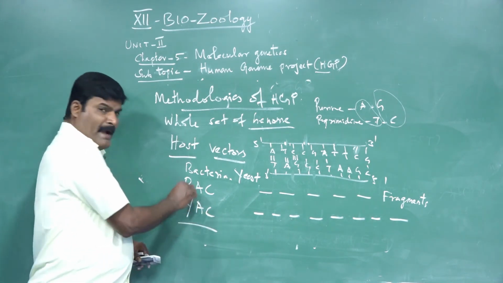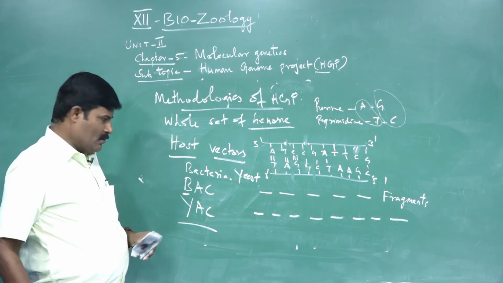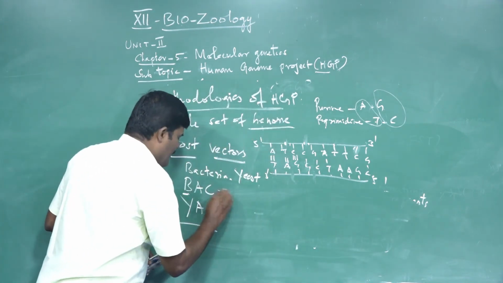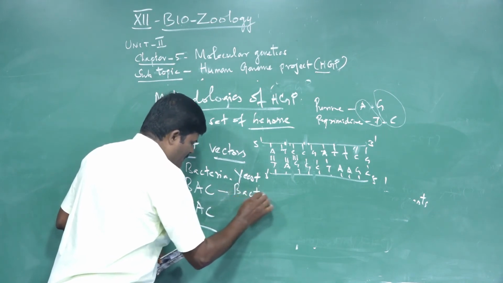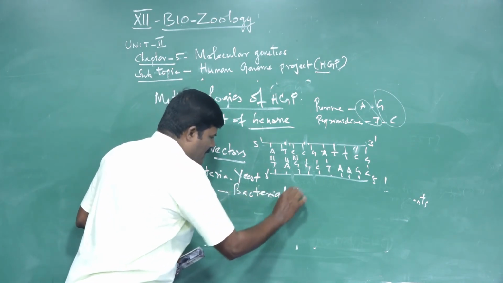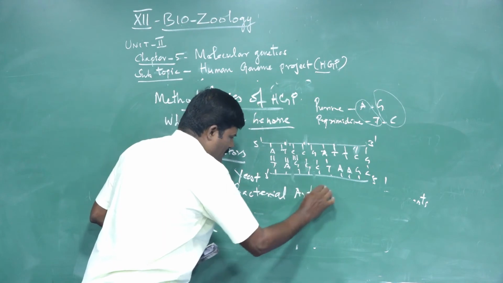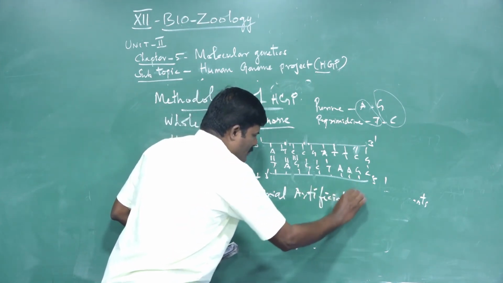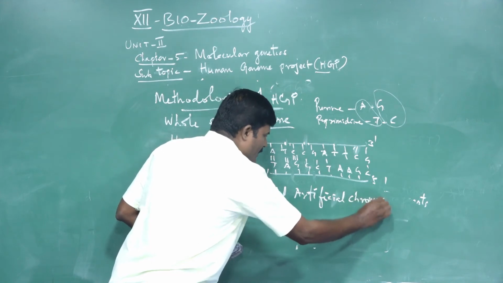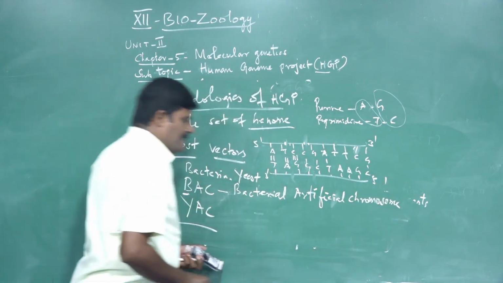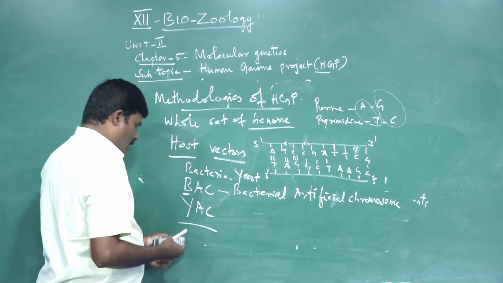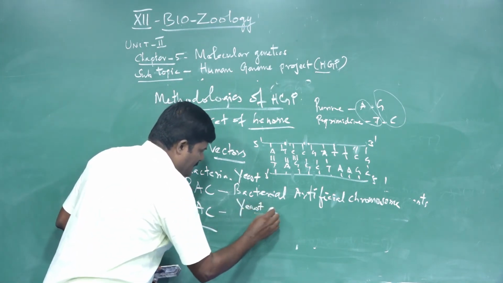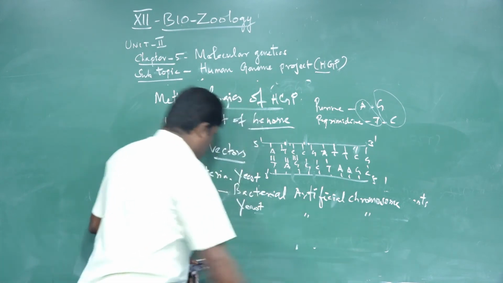BAC means bacterial artificial chromosome. The second one is yeast artificial chromosome.